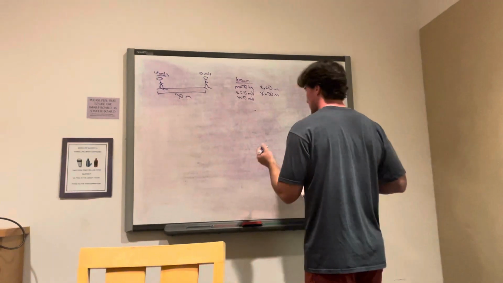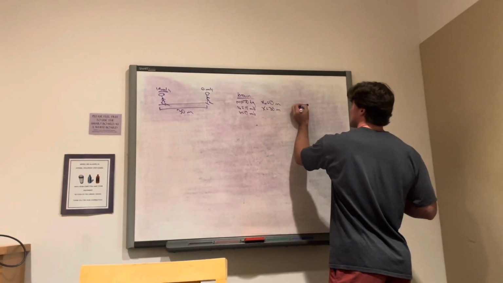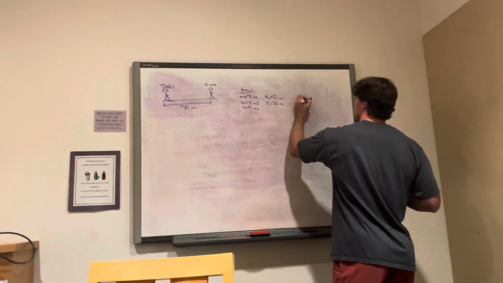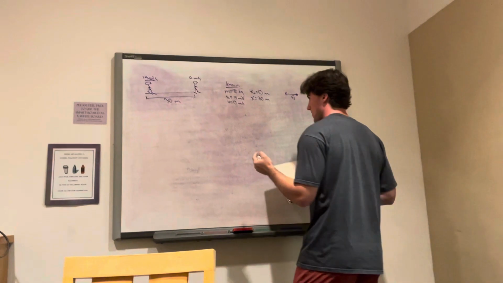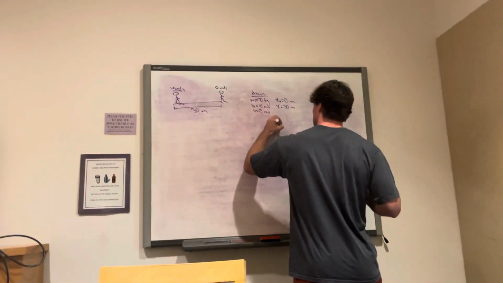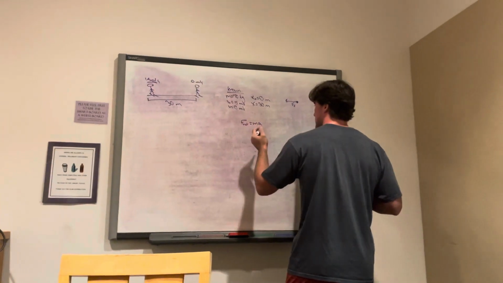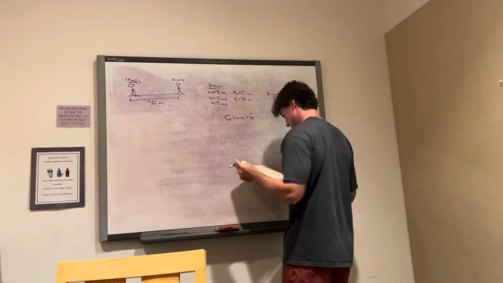So the free body diagram of this, we have our skier, and the only force acting on the skier is the force of friction. So using that force, we know that F net is equal to ma. And since the only force is friction, that will be equal to the force of friction.